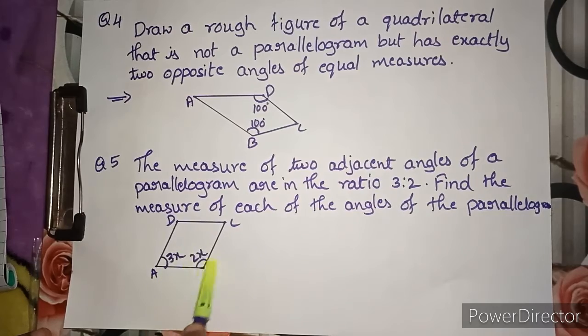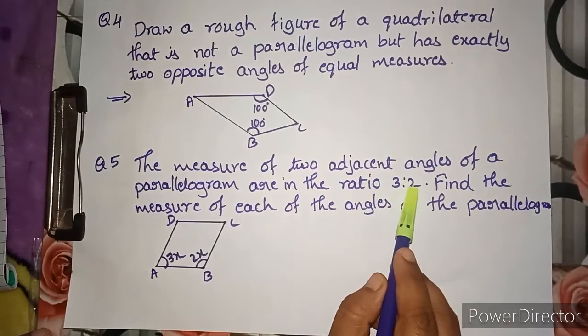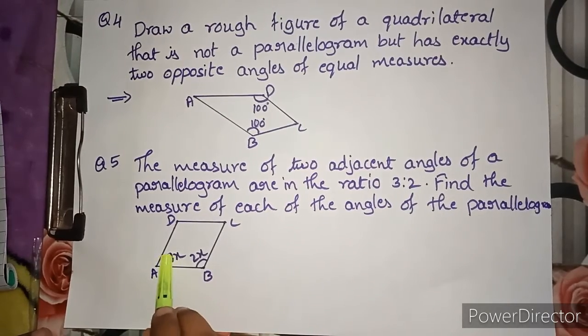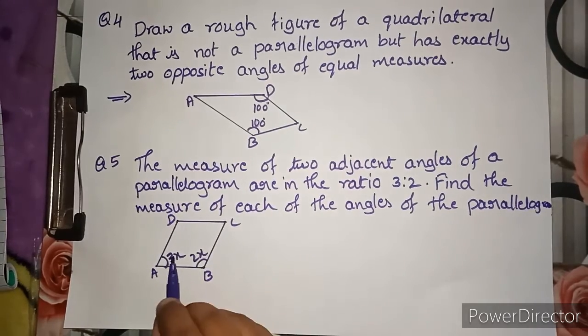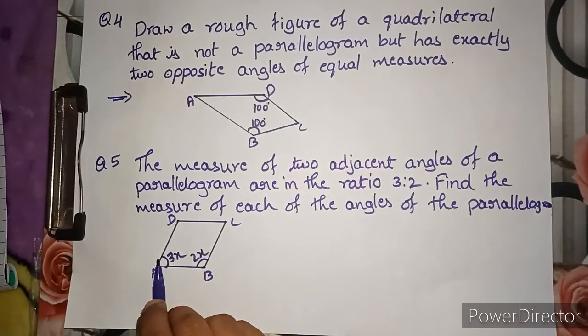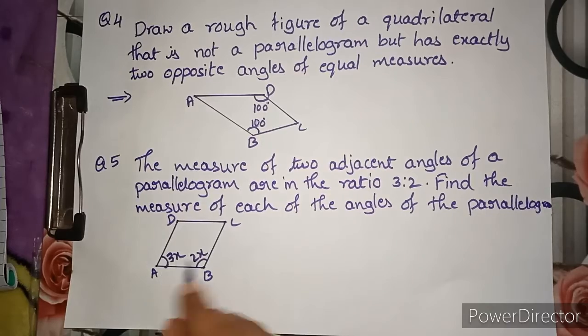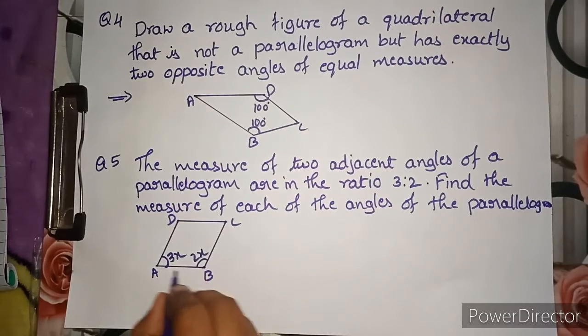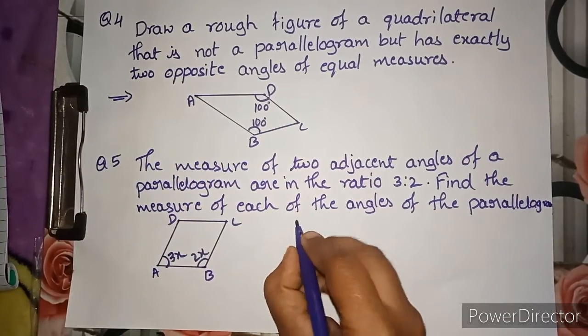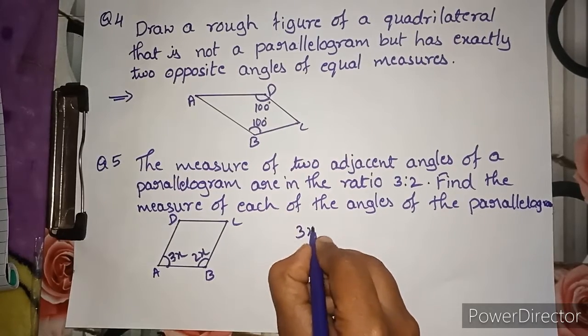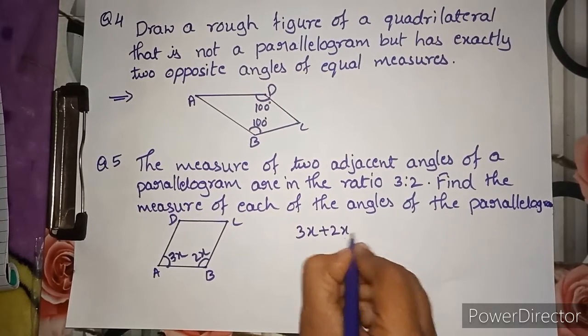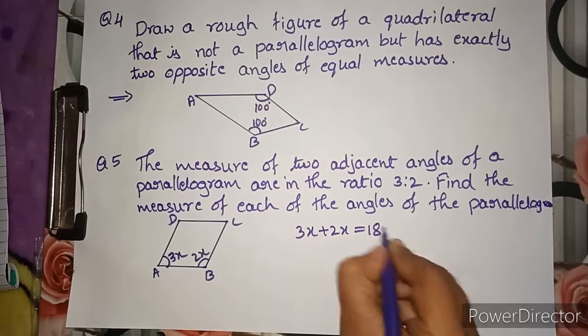We don't know the measures of the angles, but they are in the ratio of 3:2. So this is 3x and this one is 2x. And we have the property that the sum of adjacent angles is 180 degrees. So 3x plus 2x is equal to 180.